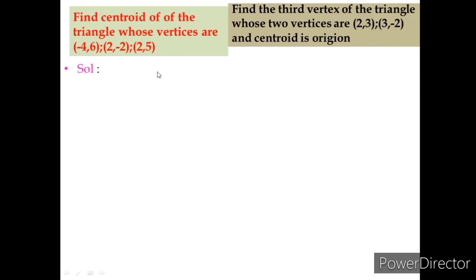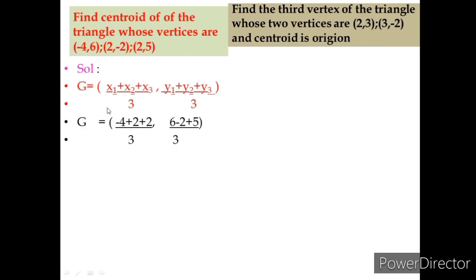You have to write down the formula of the centroid, x1 plus x2 plus x3 by 3, y1 plus y2 plus y3 by 3. You can take this as x1 y1, this as x2 y2, and this as x3 y3. So you have to substitute the relevant values in this formula.